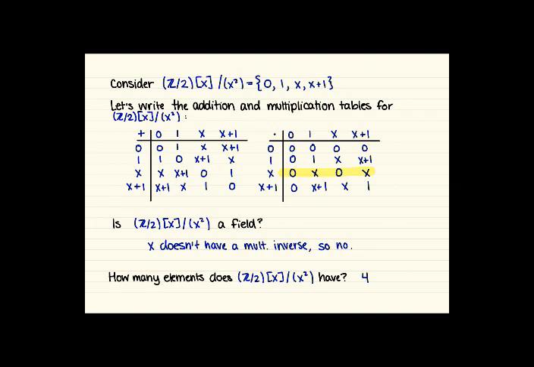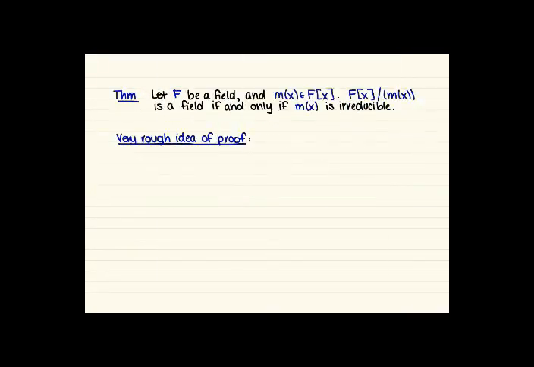And if we look at x squared, that polynomial is not irreducible in Z mod 2 adjoin x, so we saw there that that one was not a field. So we have this criterion for figuring out if F adjoin x mod m of x is a field or not. The very rough idea of the proof is that irreducible is analogous to an integer being prime.